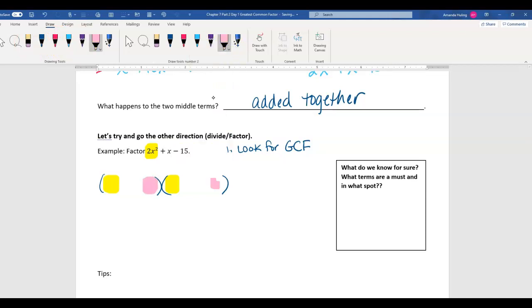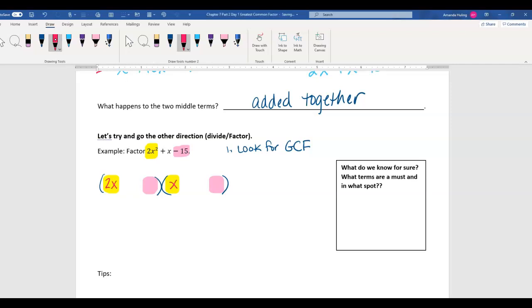And we know that my pink spot times my pink spot is equal to that pink spot. Now, it doesn't always mean it adds to that positive x. So what we need to do is kind of guess and check. So what I'm going to do is I need my yellow times my yellow to be 2x squared. Well, there's really only one option for that, and it's 2x and x.